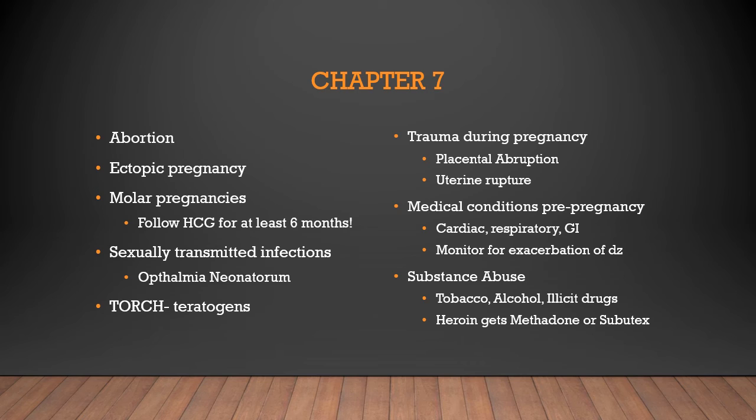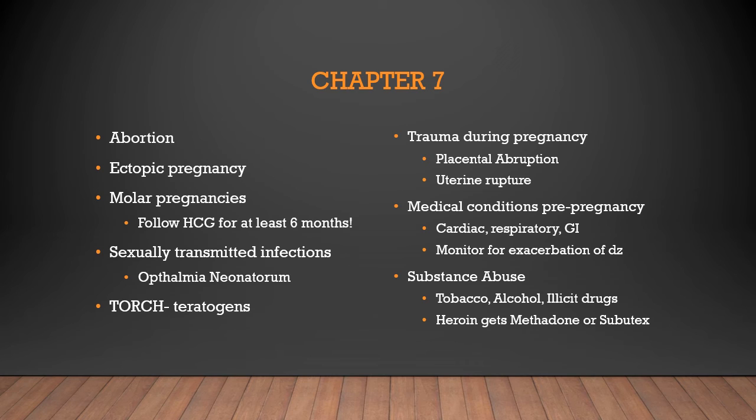For rubella, the mom should not receive a vaccine until the postpartum period, so we don't vaccinate pregnant people, and that's pretty critical. Cytomegalovirus, there is no treatment. And for herpes simplex virus, there is no cure. If the woman has active lesions during delivery, the neonate will need to be born via C-section to avoid transmission.